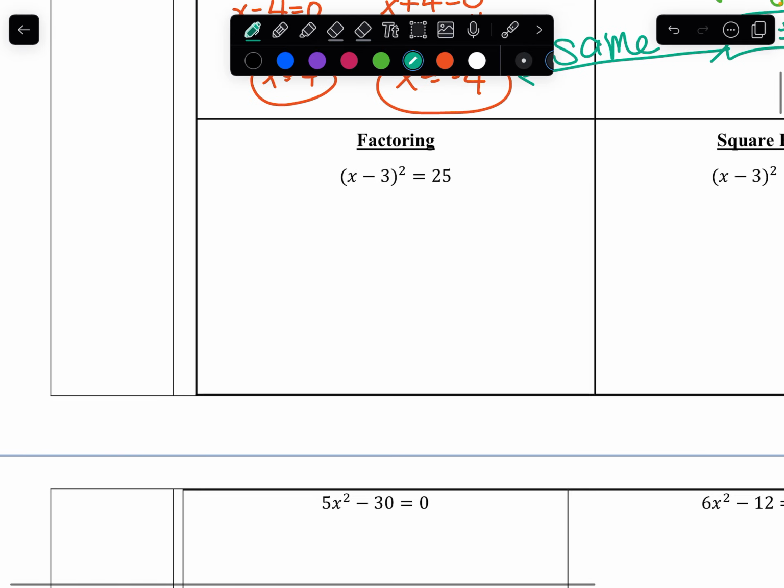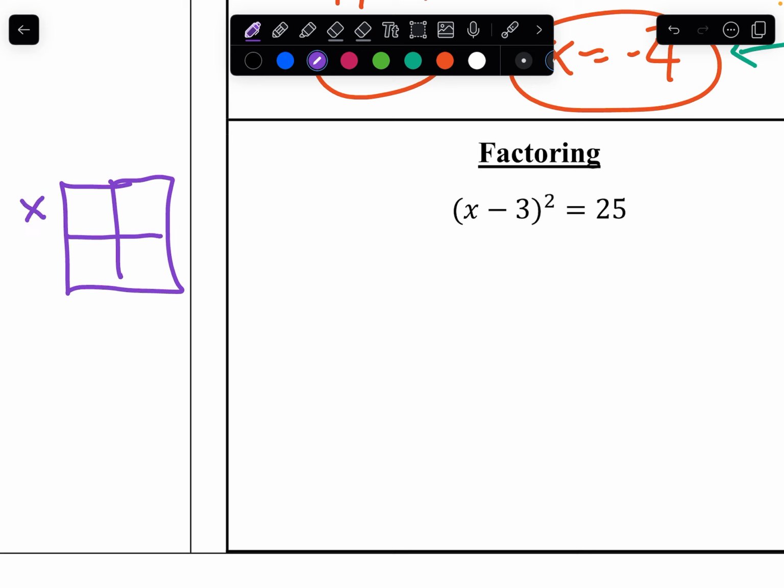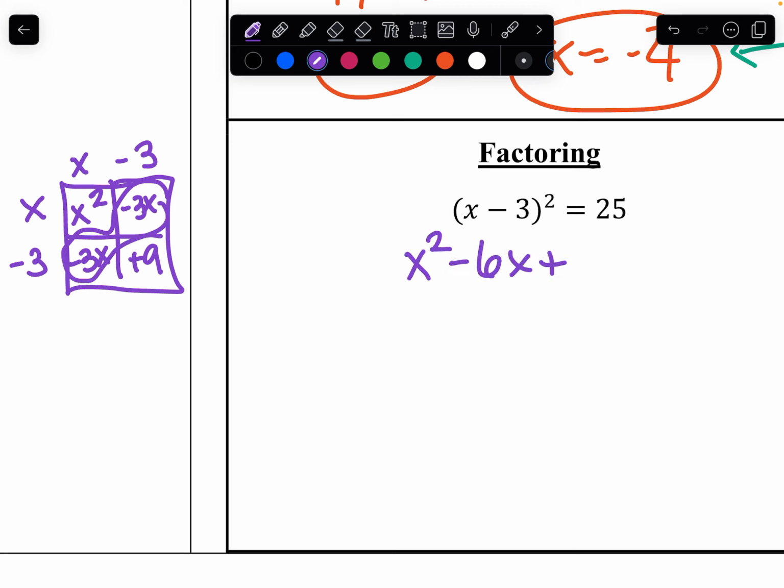Okay, factoring. The first thing we have to do is deal with the x minus 3 squared term, because to factor, we have to be in standard form equals 0. So we are going to do the big X method to get into more standard form. We get x squared minus 6x plus 9 equals 25.